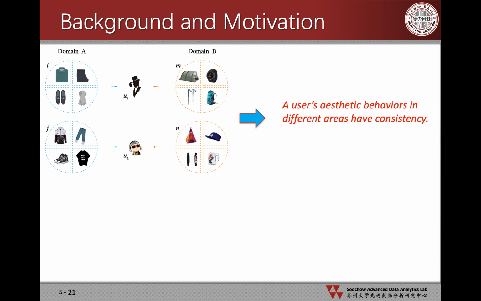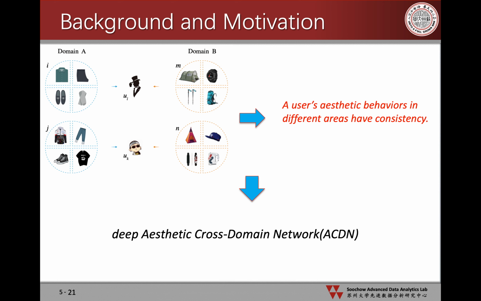We think that a user's aesthetic behaviors in different areas have consistency. This consistency of aesthetic behavior is helpful for cross-domain recommendation, especially when one domain suffers from the data sparsity issue. So we proposed a deep aesthetic cross-domain network, termed ACDN.